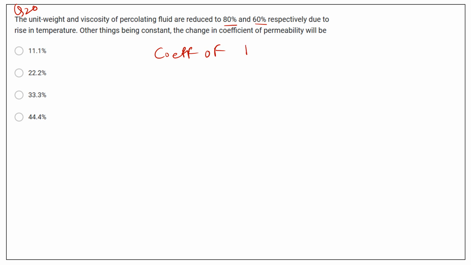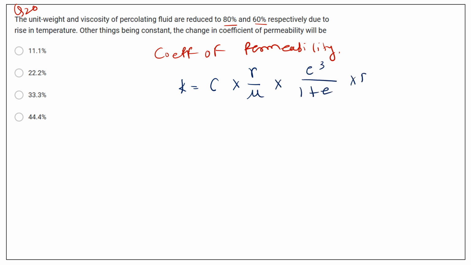Coefficient of permeability. The formula is K equals C into gamma by mu into e cubed divided by (1 plus e) into D squared.